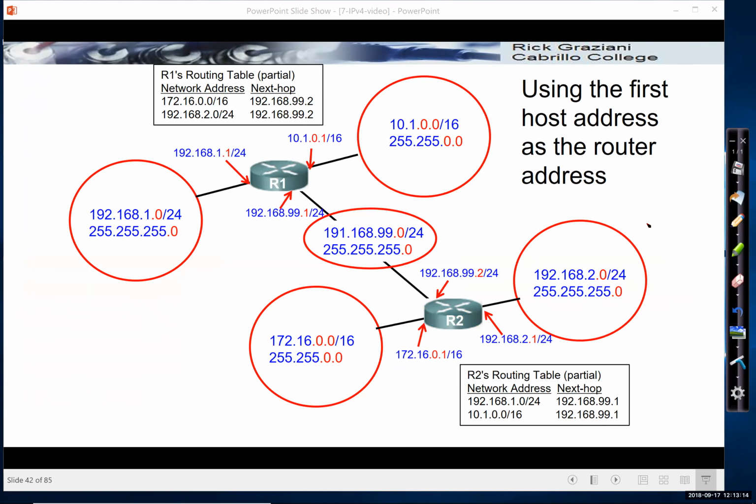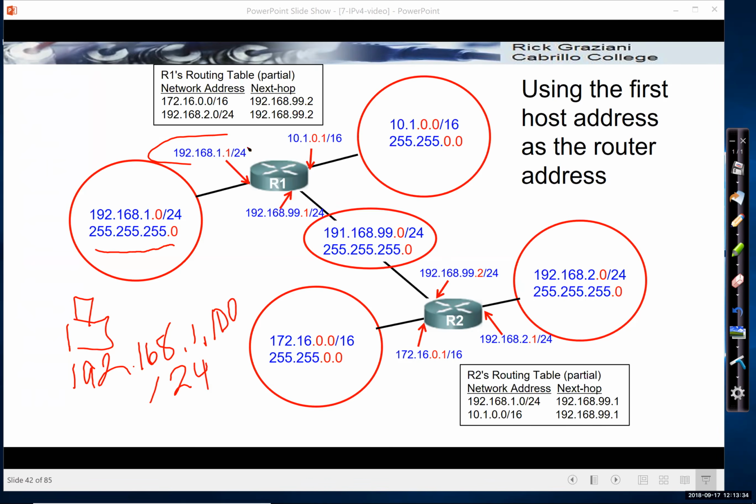So for example, if I had a host here on the 192.168.1.0 network, let's give it a host address of 192.168.1.100, /24 mask, that's 255.255.255.0. Its default gateway address would be this address here, which is also on that network, happens to be the first host address on that network.